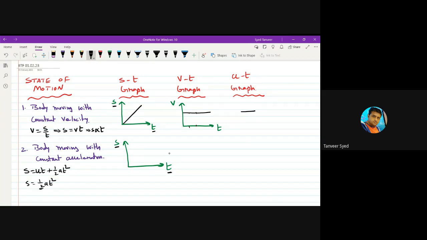Half is constant, a is constant. Acceleration is constant. That means displacement is directly proportional to t square. This is like y proportional to x square. The graph will be a parabola. So this displacement time graph will be like this. Parabolic shape.